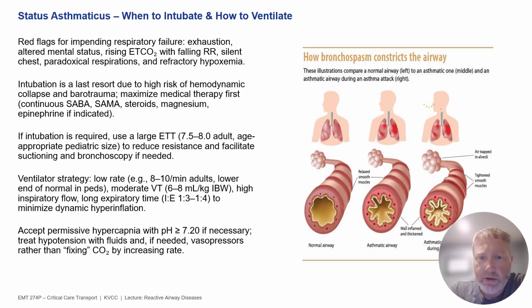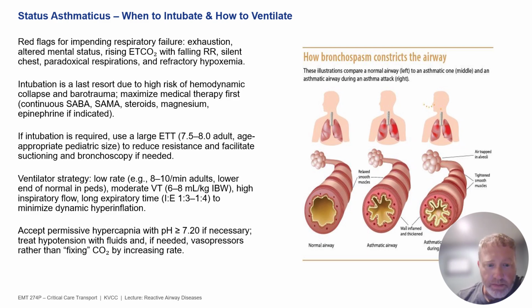Typical adult female gets a 7 or a 7.5 ET tube, but when in doubt, go big or go home, to minimize the resistance for one, and to allow for adequate suctioning for two.